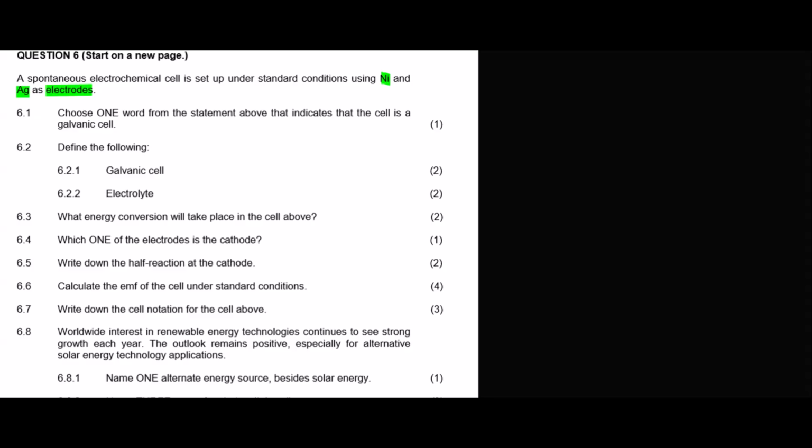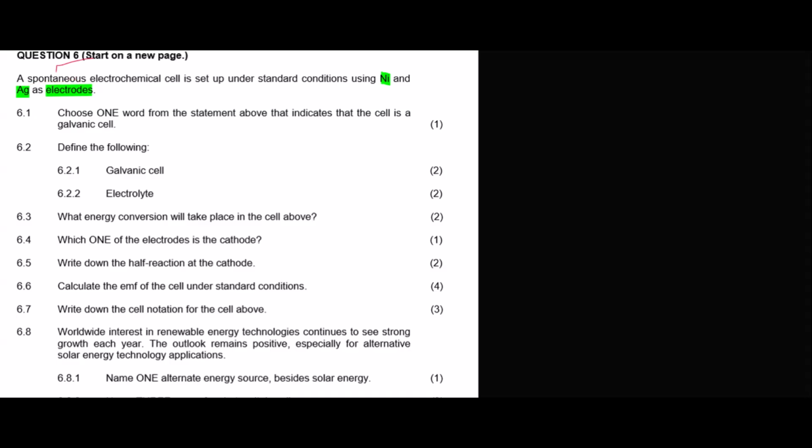It's not like the other questions where you have the electrochemical cell drawn and then you just have to analyze it. On this one, everything was just written down: we have this cell and it's a spontaneous cell. Spontaneous mainly means that this cell can operate on its own without the help of a source.